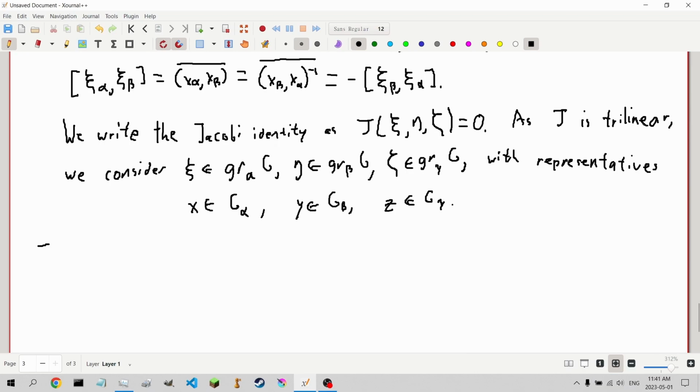Now we have that our Jacobi identity of these three is going to be the image of x to the y bracket yz, and as you'd expect, we get not every permutation, just the 3 rotations of this.